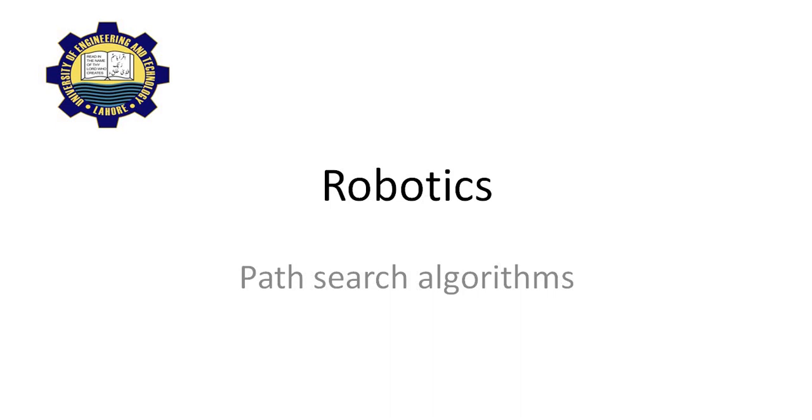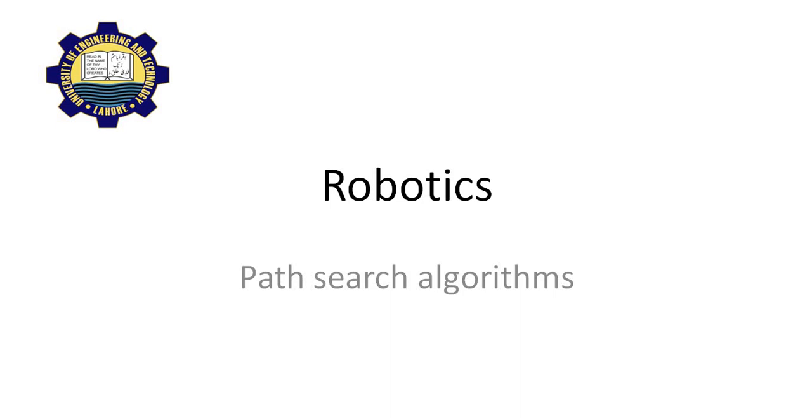In today's lecture, we shall continue talking about the path search algorithms. In the previous lecture also, we learned about different types of path search algorithms and why we are doing it.